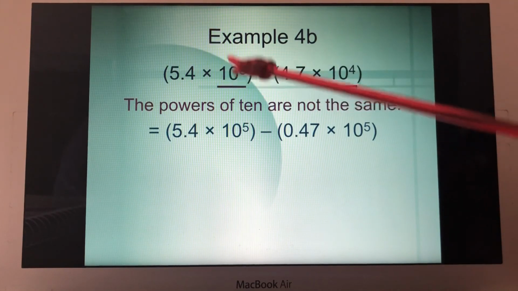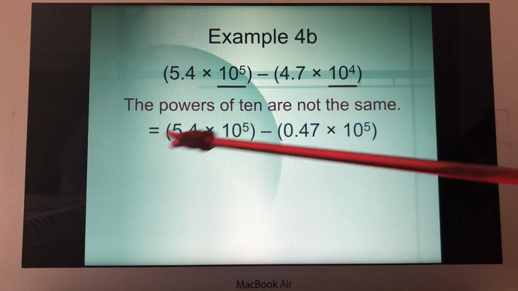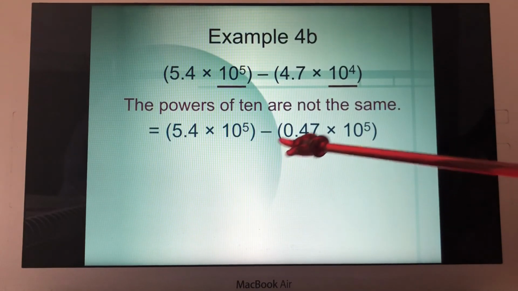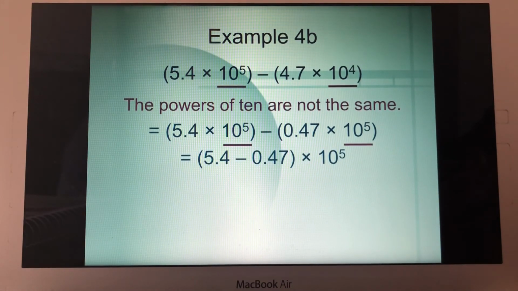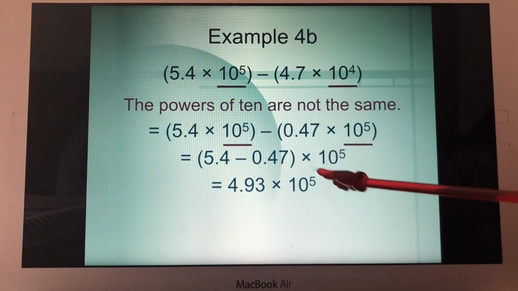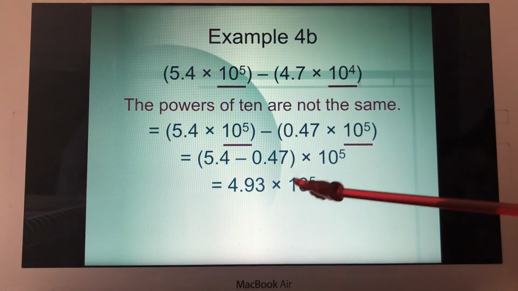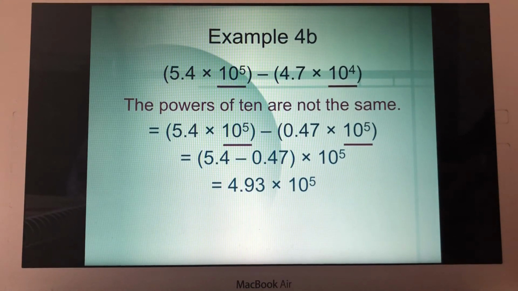That way we can keep the 10 to the 5th power the same. And then all you have to do now is subtract 5.4 and 0.47. And then, what do we have here? 5.4 minus 0.47, and then that's going to give us 4.93. And then we can keep 10 to the 5th power the same, and there you have it. And then this is your final answer.